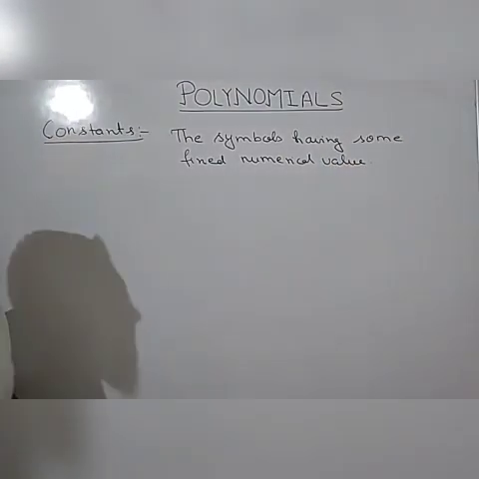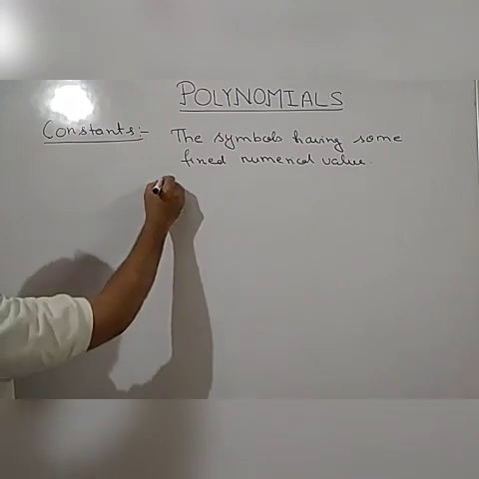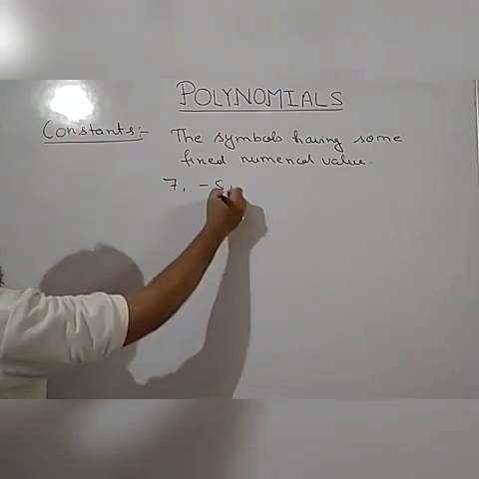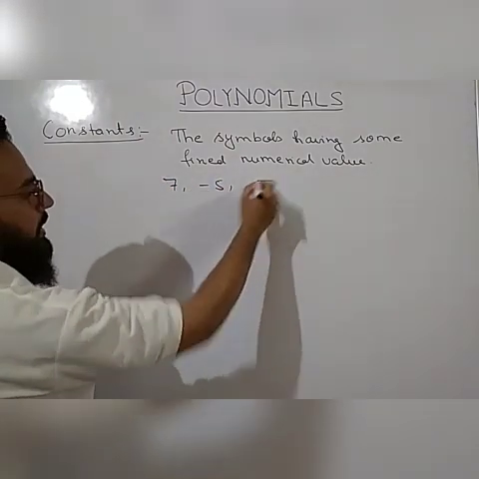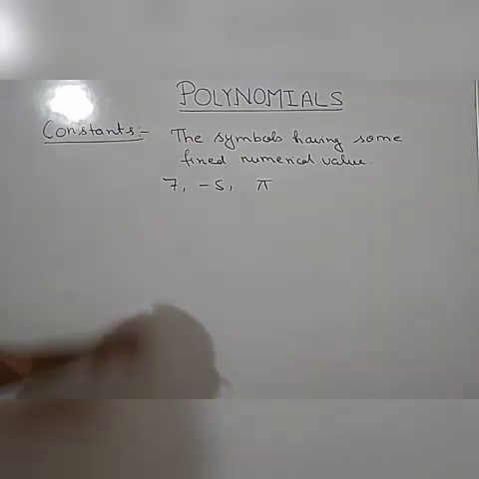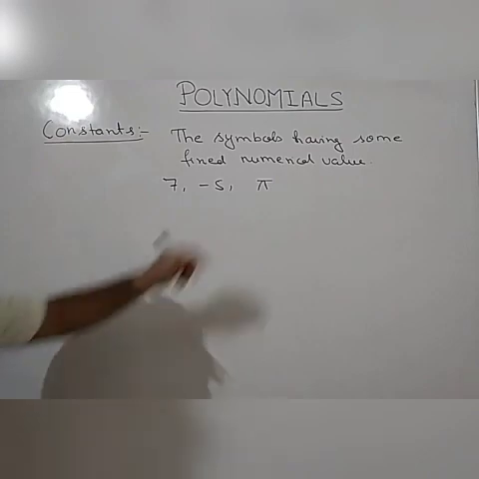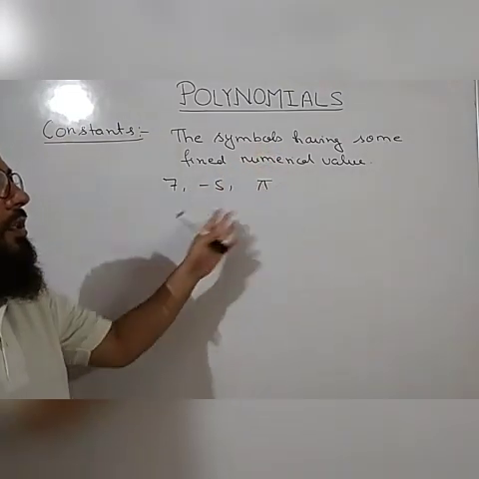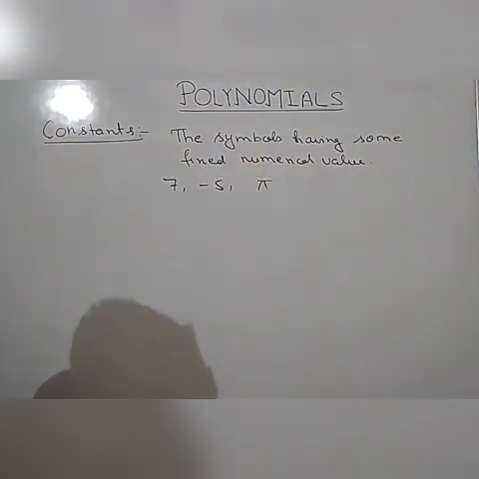The symbol having a fixed numerical value is called a constant. For example, any number like 7, -5, or pi, these are all constants.